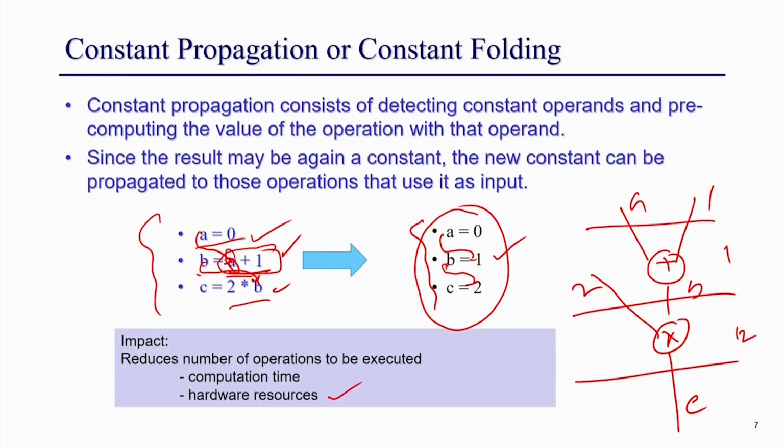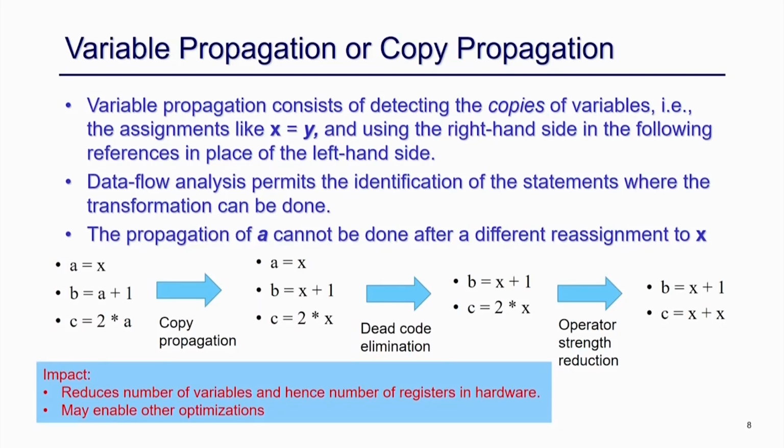Okay. So we will move on to the next kind of optimization, which is called variable propagation or copy propagation. Just like constant propagation, here if there is an assignment operation, say A equal to B, then we can utilize either A or B; I can use only B, I do not need A, because they are the same value.